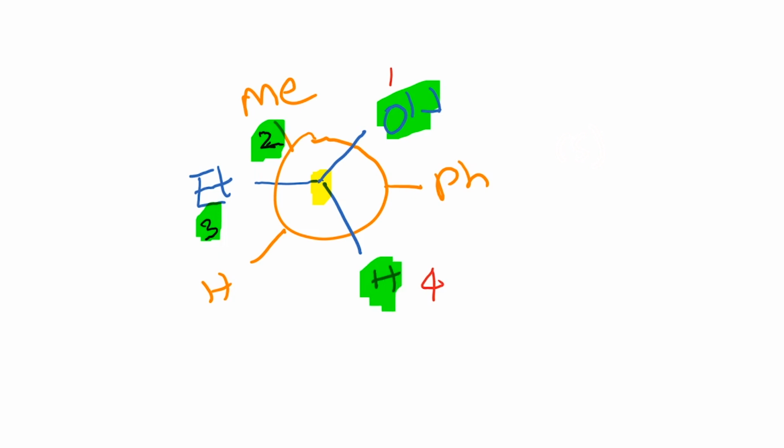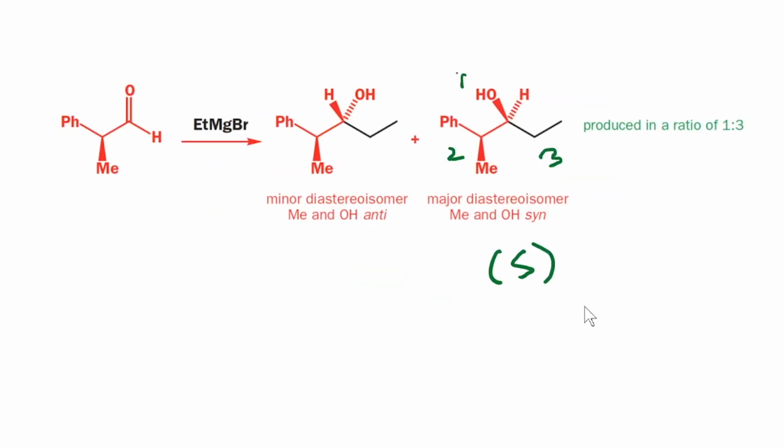If I look at it from this direction, the hydrogen is remote from me, and it is an anti-clockwise direction, so I'm assigning this as S. Again, please go back and double check this and make sure that you're getting the answer correctly. Based on this, what I would predict is that the major product is the S compound as shown here.